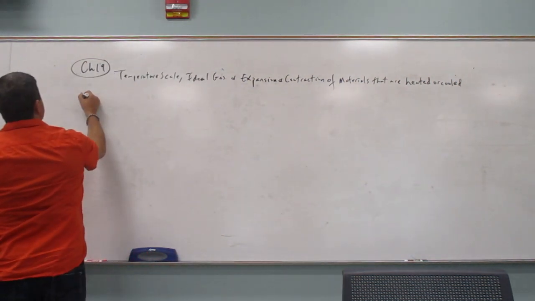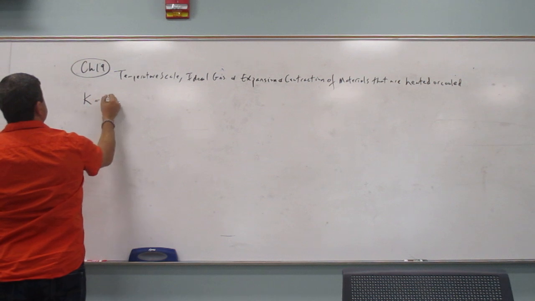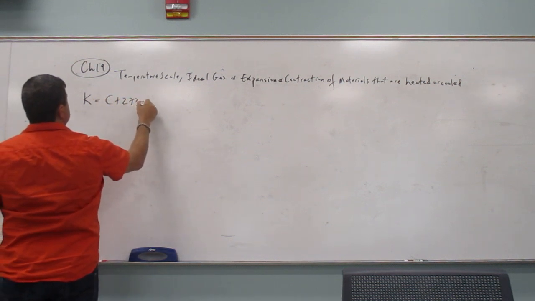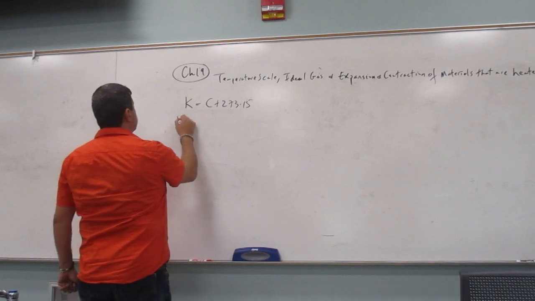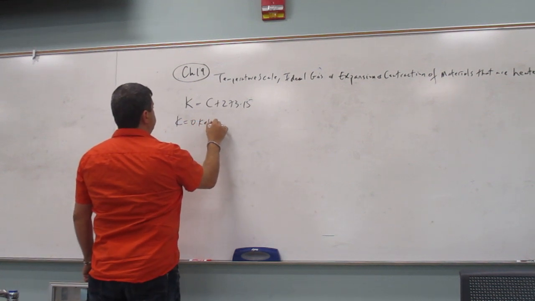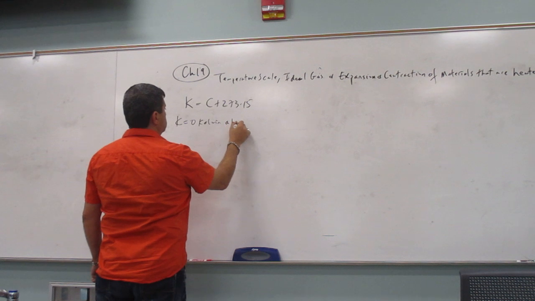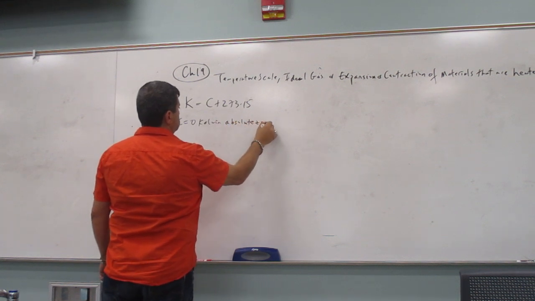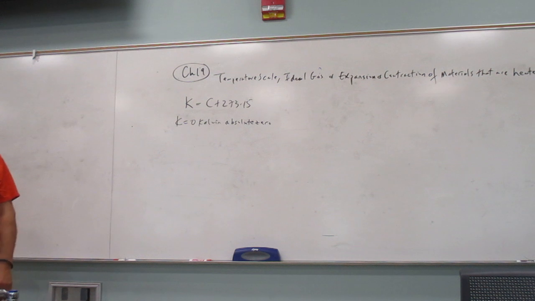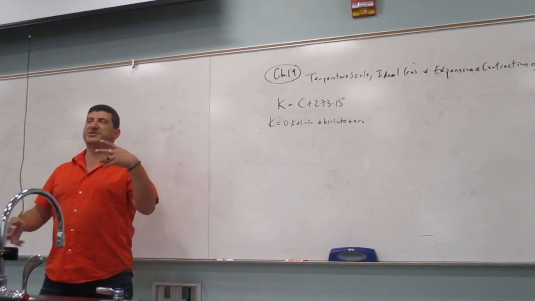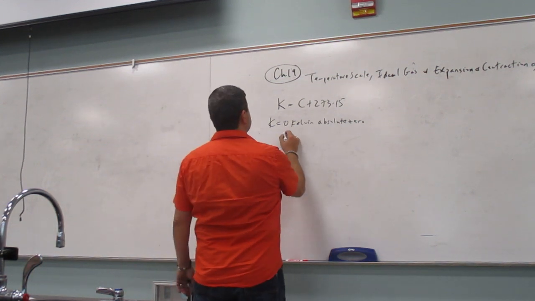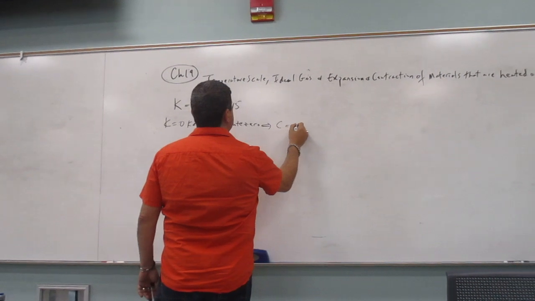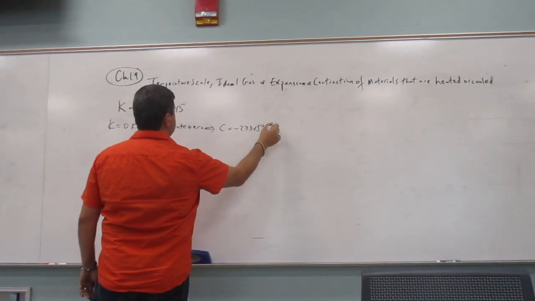So temperature scale, we got, of course, the Kelvin, which is Celsius plus 273, right? And then when Kelvin is 0, that's called absolute zero. So as I said at the beginning of the semester, physics 2, the topics change, always, constantly changing. So then that's equal to negative 273.15 Celsius.